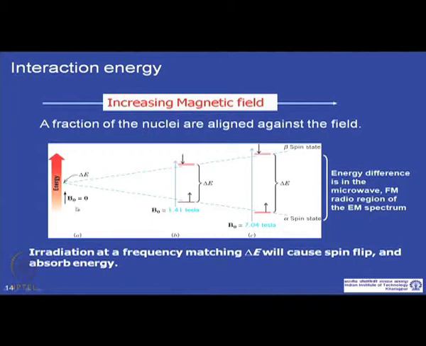With an increasing external magnetic field, the energy difference between the two states increases, and with the increase in the difference between the two energy states, the population in the lower state, which is the ground state, becomes larger compared to the higher state. So, if you have a higher magnetic field, there will be more nuclei in the lower state than in the higher state.